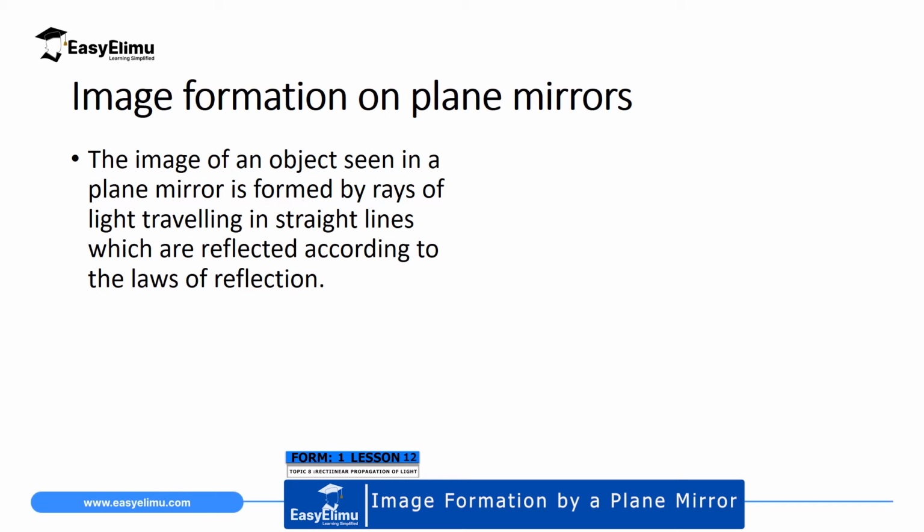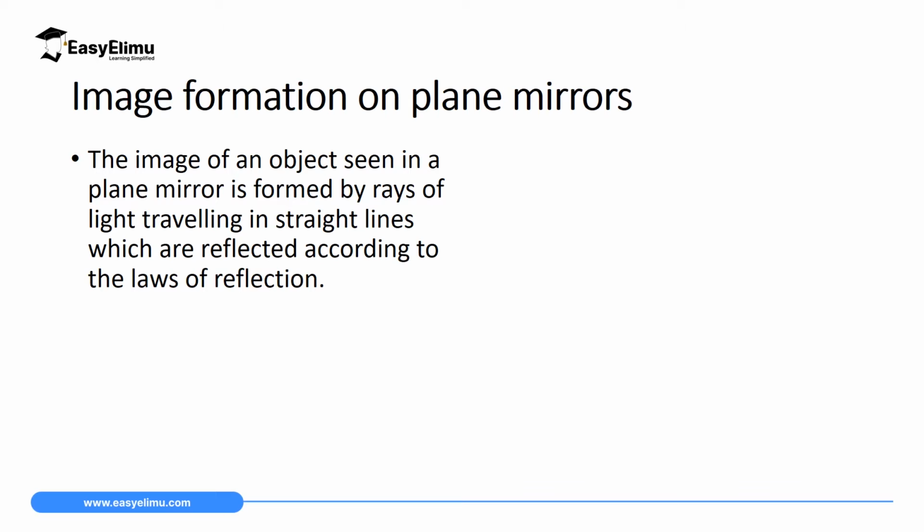So the image formation on plane mirrors depends on the three main ideas that we have discussed. The first idea is that light travels in a straight line. The second idea is that for you to see an object, light must travel from the object into your eye.